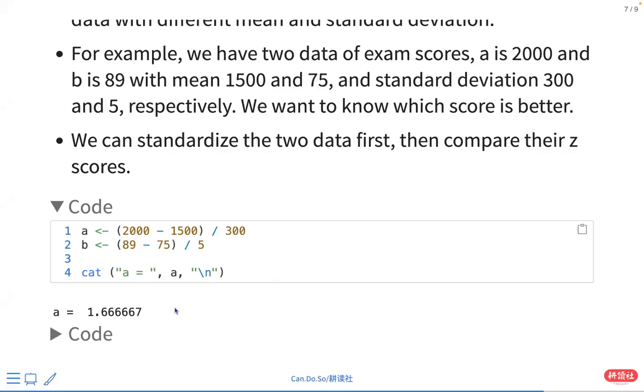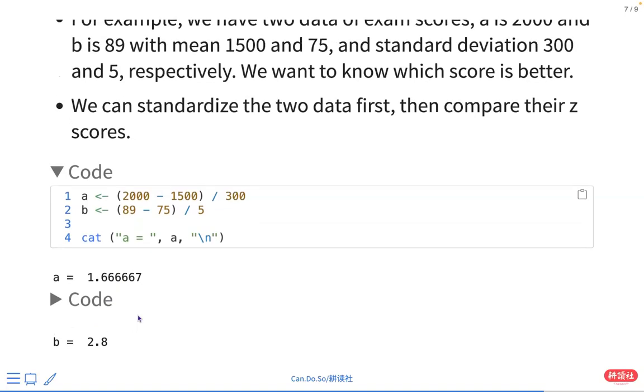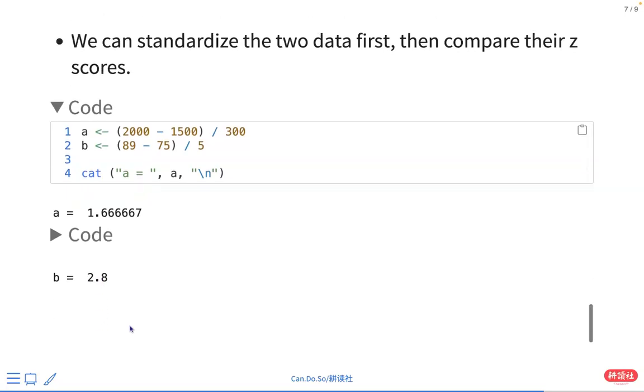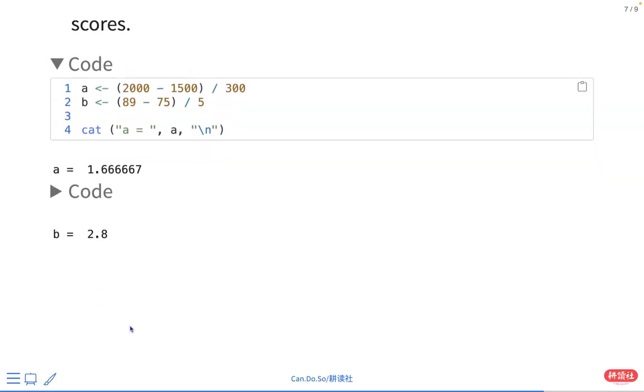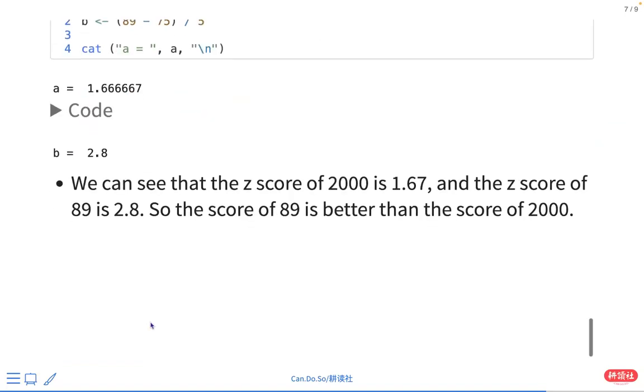And what do we get? A is 1.7, and B is 2.8. So which one is bigger? B is much bigger, 2.8. So B performs better than A.